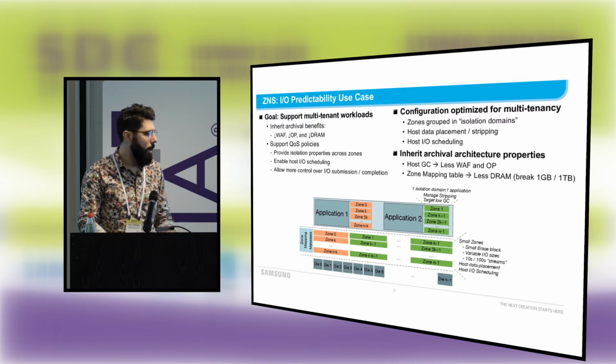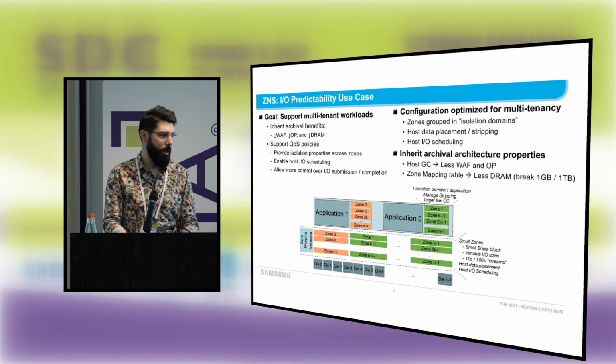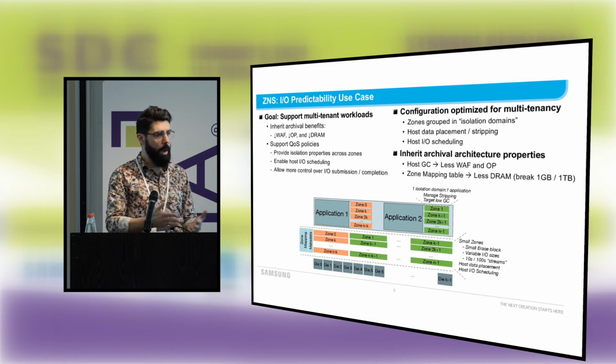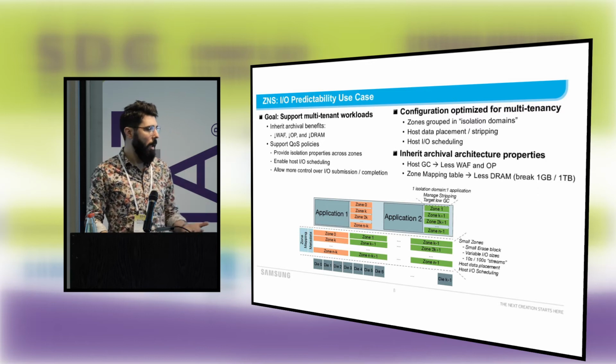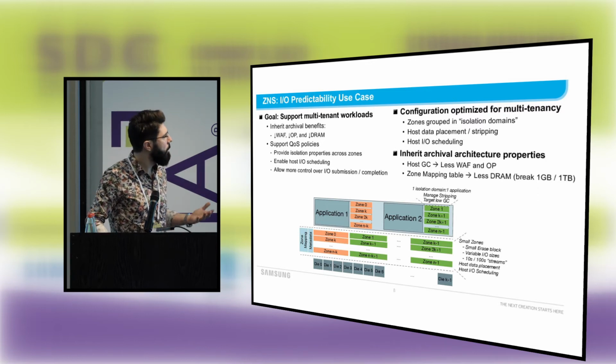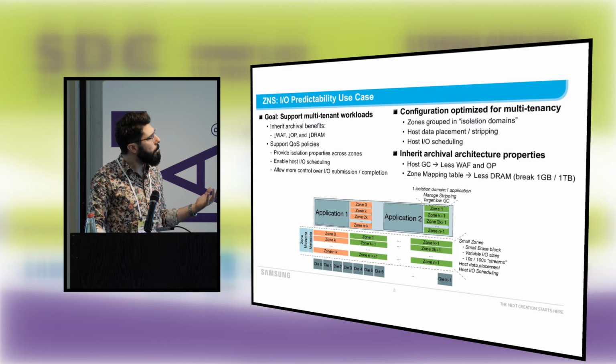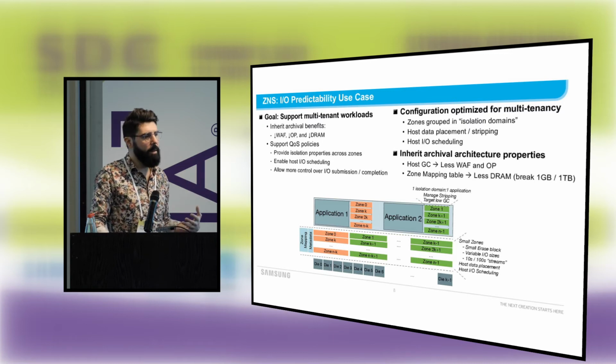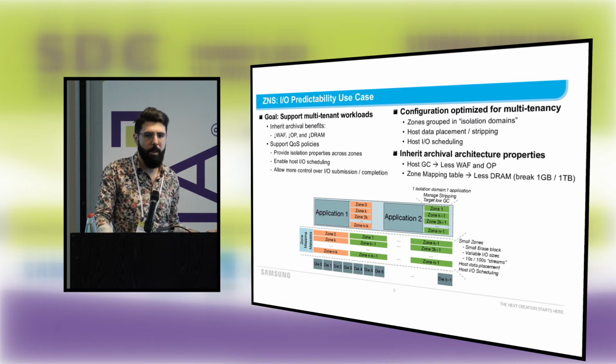Very few people are consuming all the bandwidth, especially as we move to Gen 4, on a single application. So you can really split this from your software management perspective. And what this gives you is basically isolation domains within the zones.